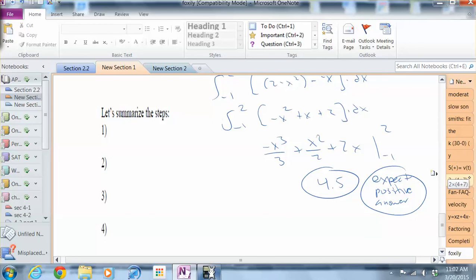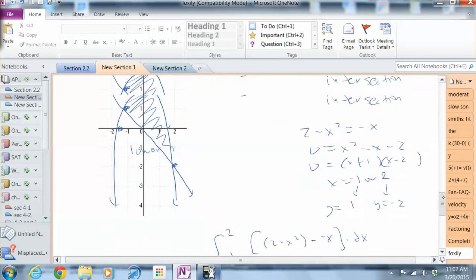So in summary, number 1, sketch the graph. Very important. And of course label with equations and shade your area. Again, I have a bad habit of not labeling.